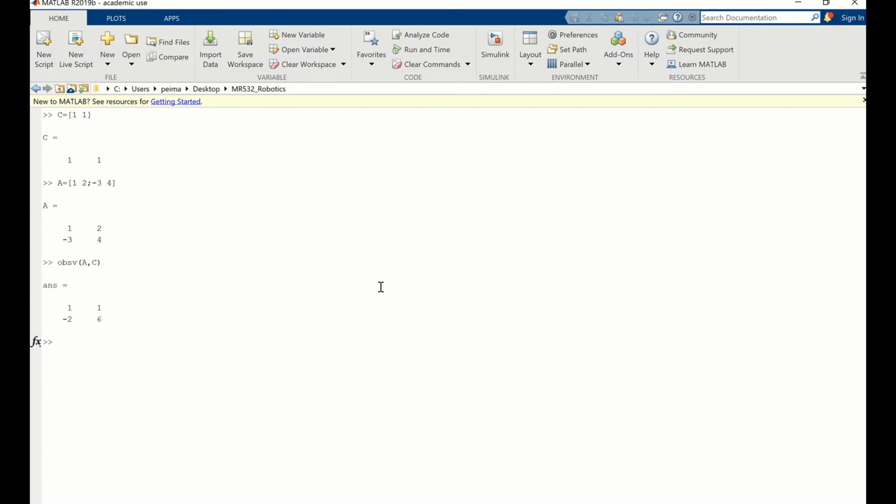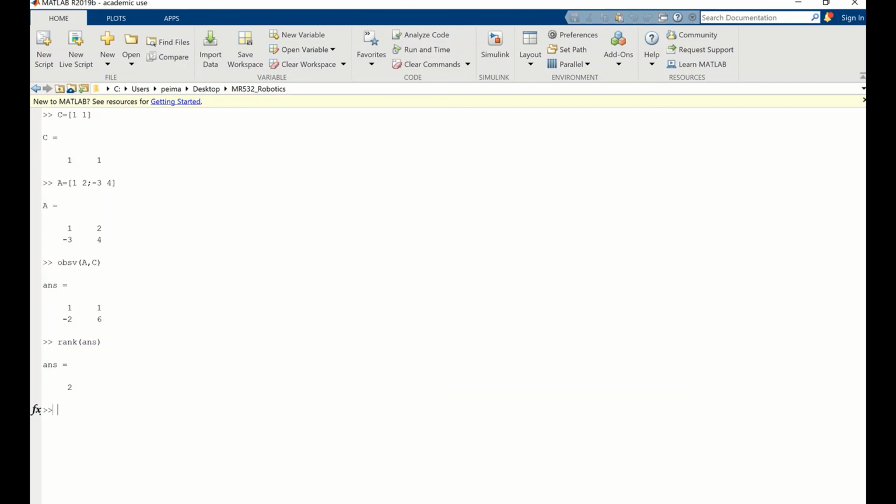Yeah, it is. This is the command, OBSV, the observability command. You give a matrix and the C vector, and it gives you the observability matrix. So obviously the rank of the answer is 2.